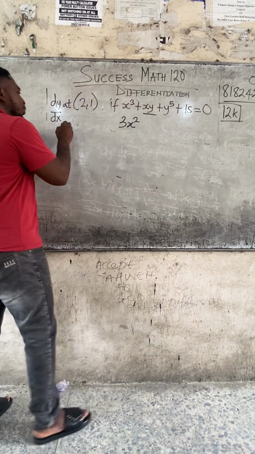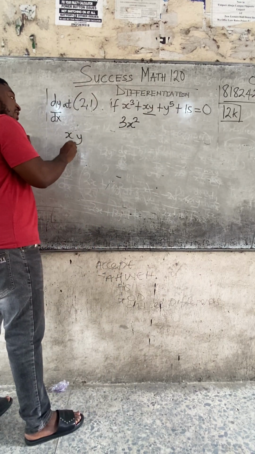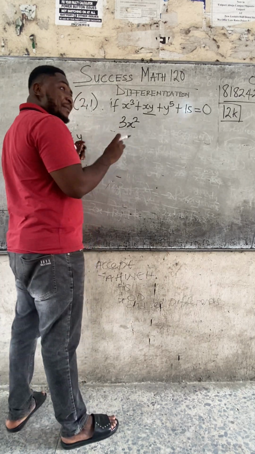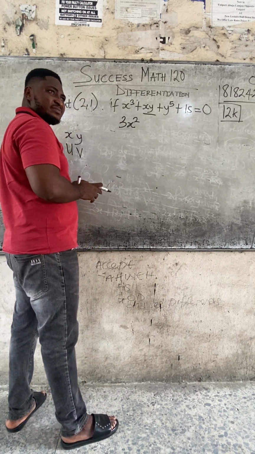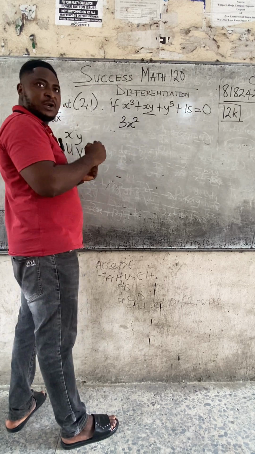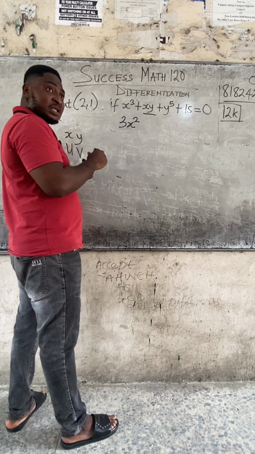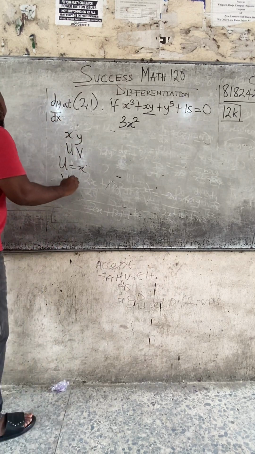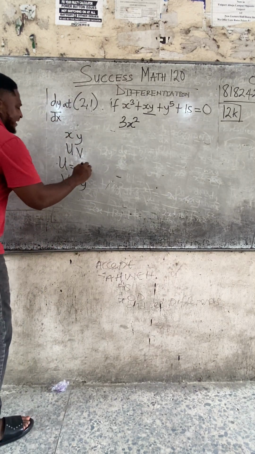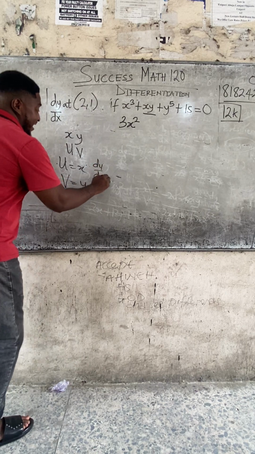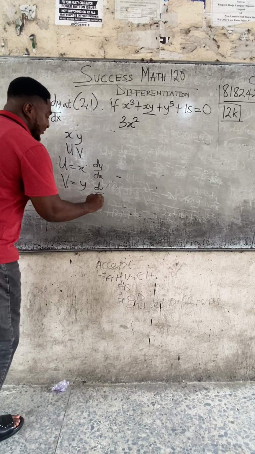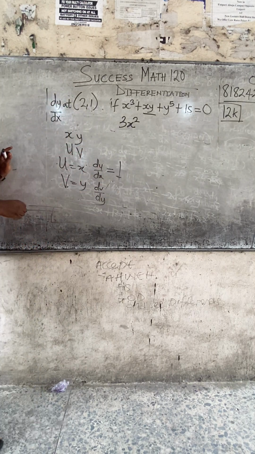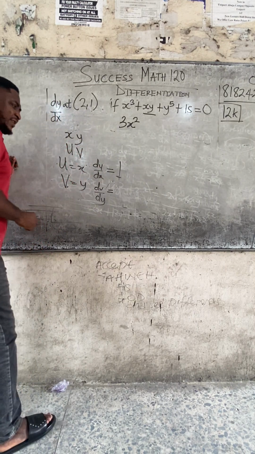Differentiate xy. xy is a product, right? Call this one u, call this one v. If I was not teaching, I know the answer; in an exam, I will not be explaining this. Let me teach you a shortcut. Instead of saying u is x, v is y: u is x, so du/dx is 1, and v is y, so dv/dx is dy/dx.